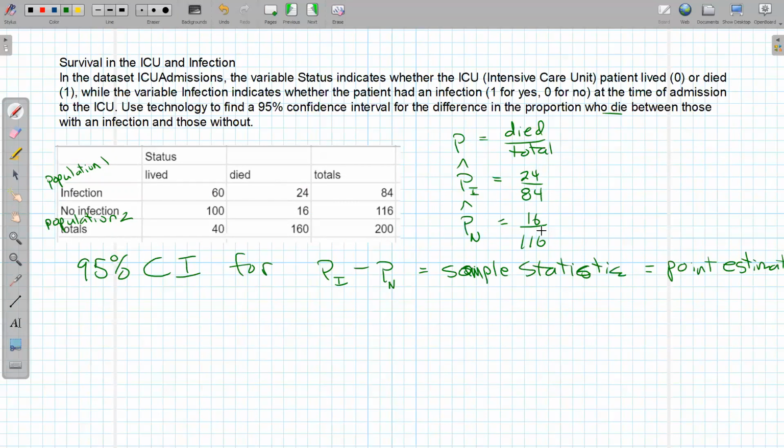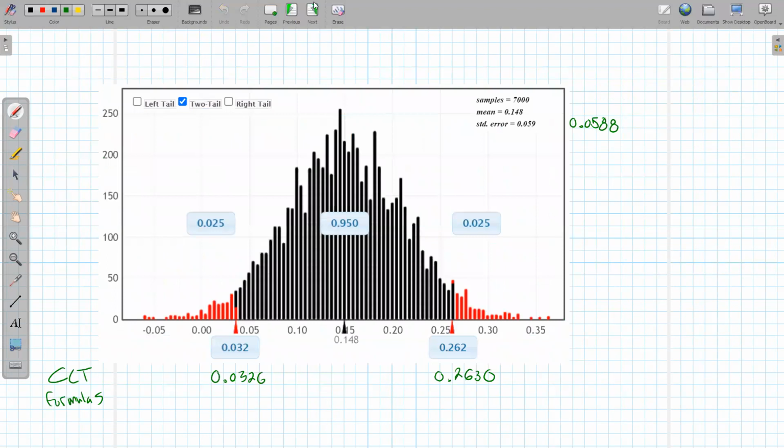And we were wondering if we look at the difference in these proportions, so the difference in the proportion of people with infection who died from the people with no infection that died, what's that confidence interval on the difference? So we calculated that in two different ways, using a StatKey simulation by just entering our proportion data.